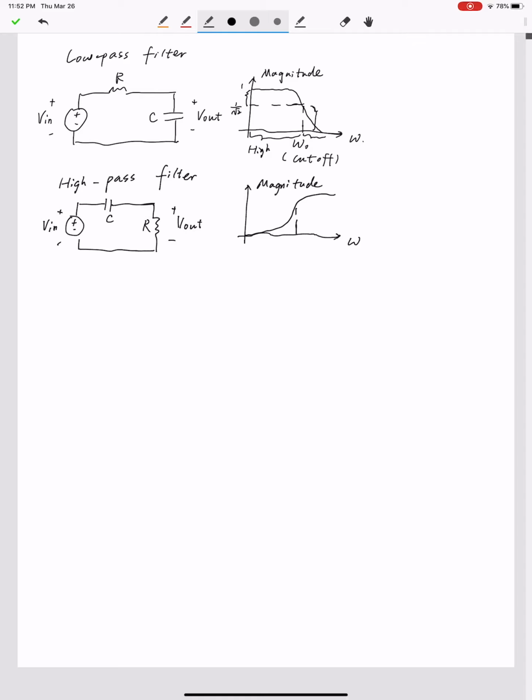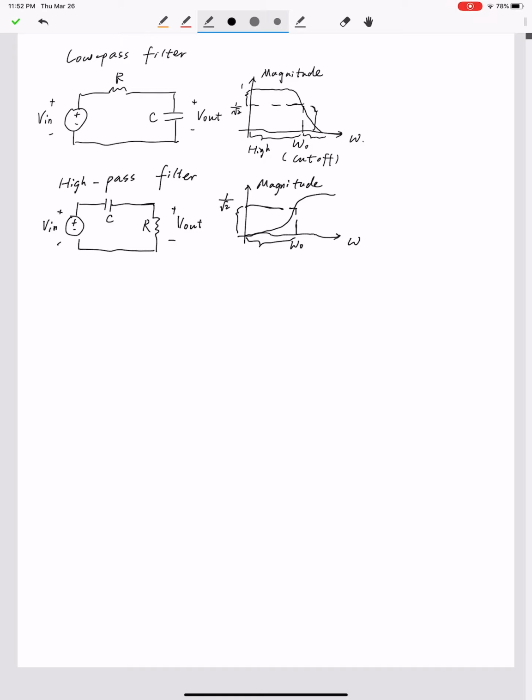When the input signal has a frequency below the cutoff frequency, then as you can see, the magnitude is small, below 1 over square root of 2.